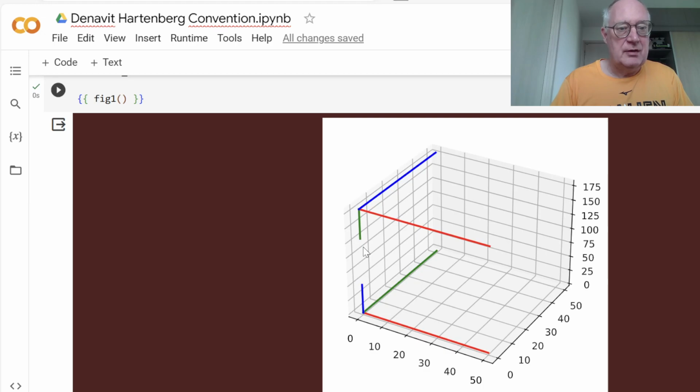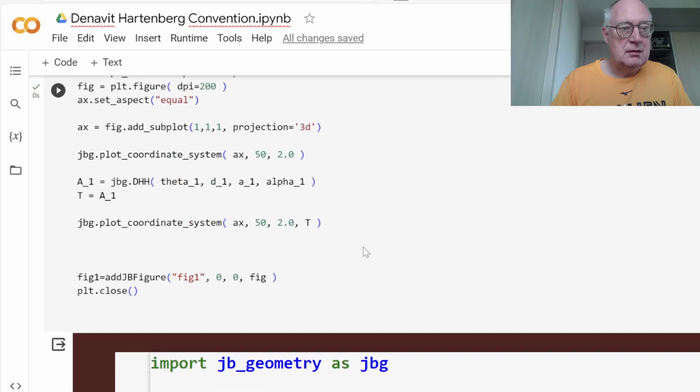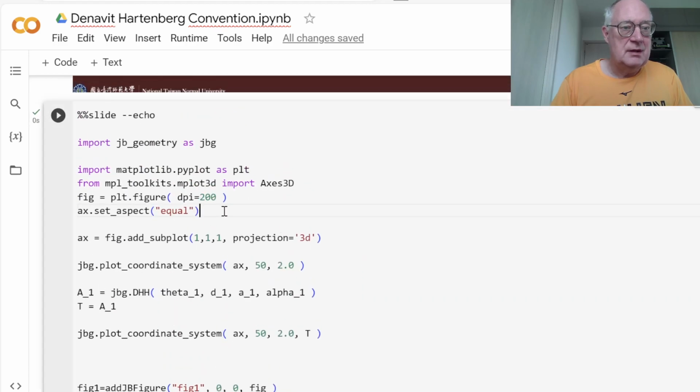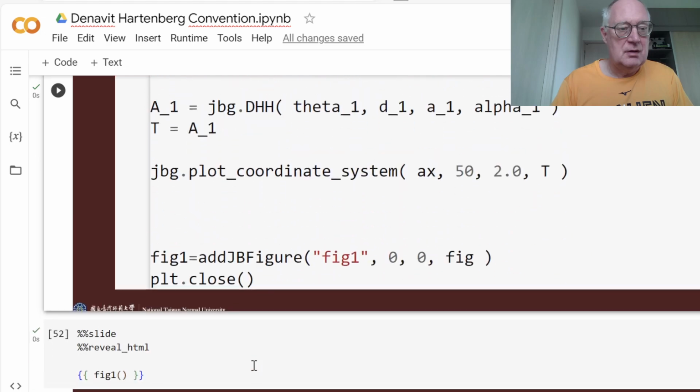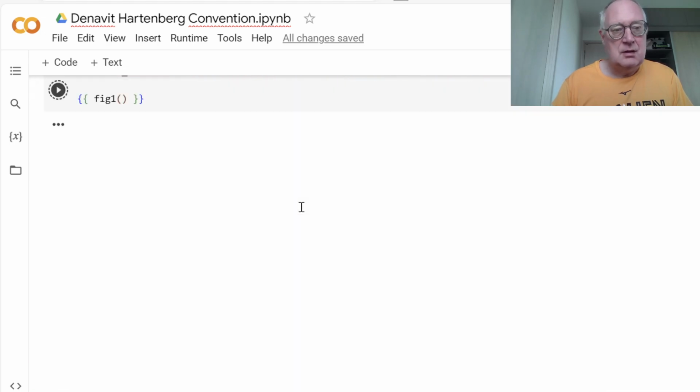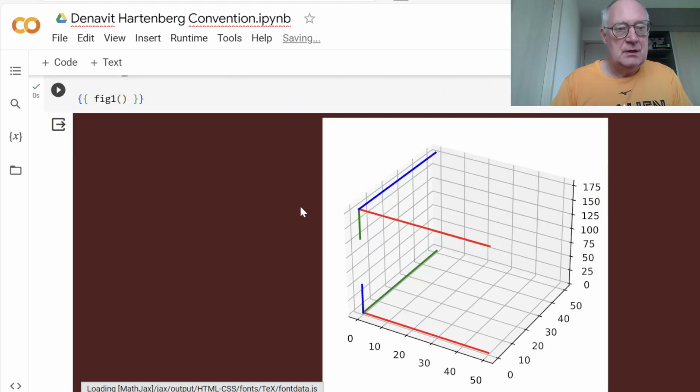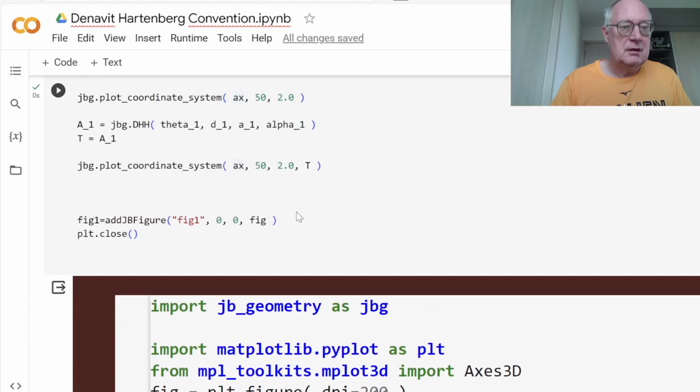That also makes it sometimes hard to see things. And it doesn't work in 3D. I think the aspect ratio now didn't actually change. Did I upload it? Yeah. Okay.